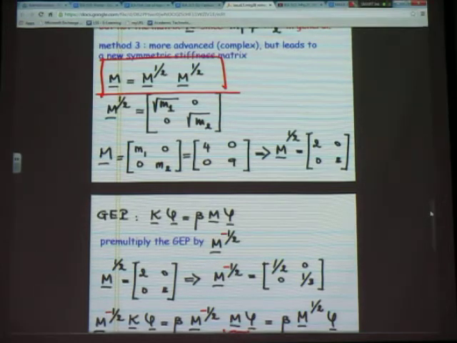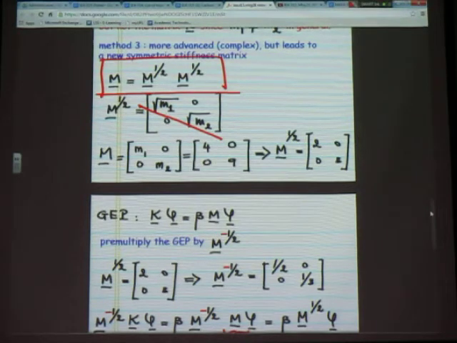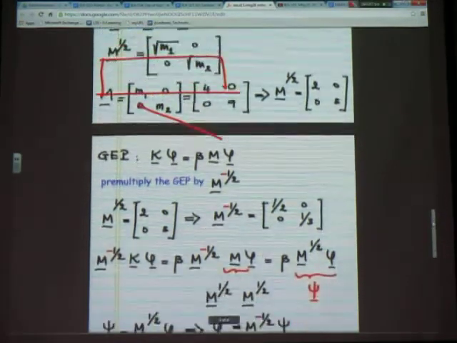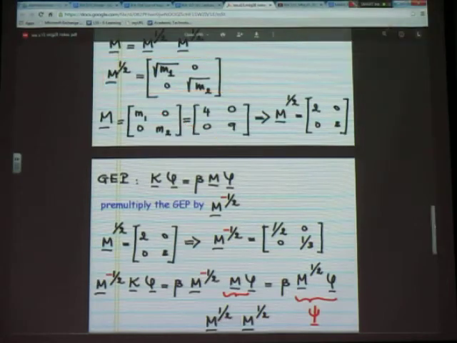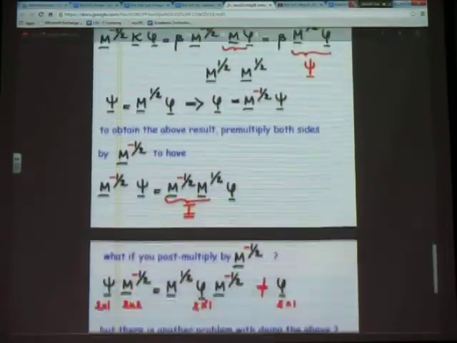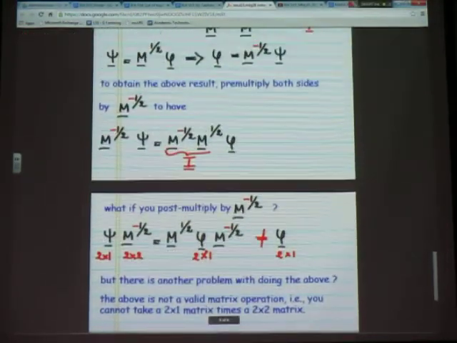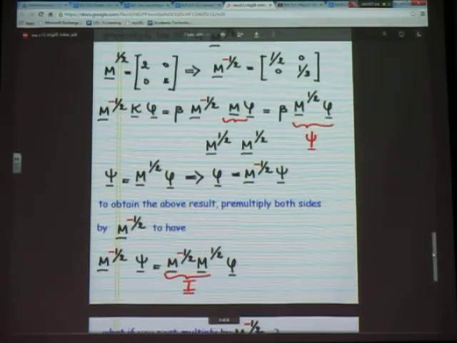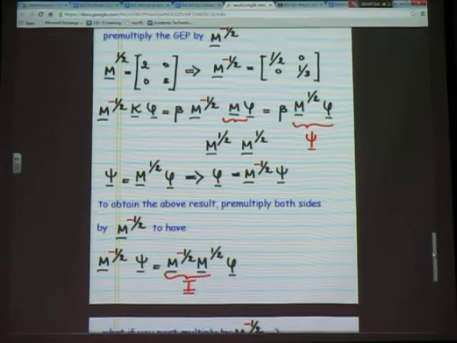Because the mass matrix is diagonal, it's equivalent to taking the square root of the diagonal coefficients. Let's see what the end result is, and then look at some numerical examples. I mentioned to you that this is a quick reminder here.